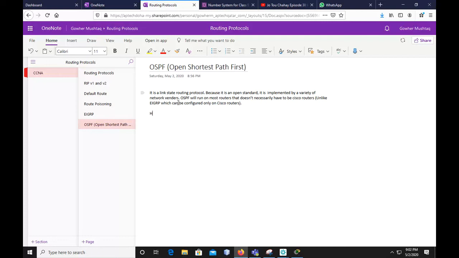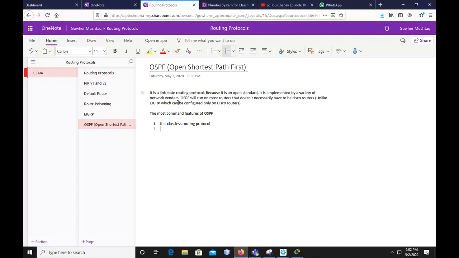After that, apart from this, there are the most common features of OSPF. First of all, same as EIGRP, it's a classless routing protocol. What do you mean by classless? It can be used for subnetting also.